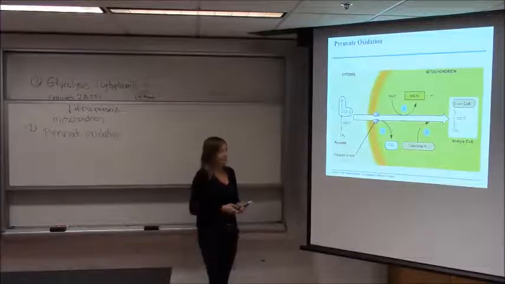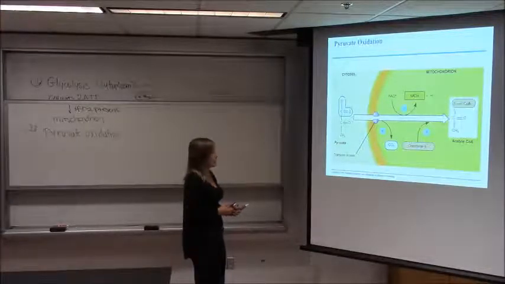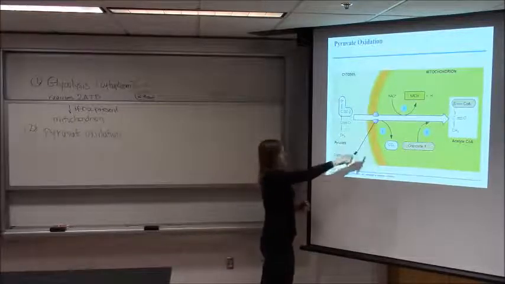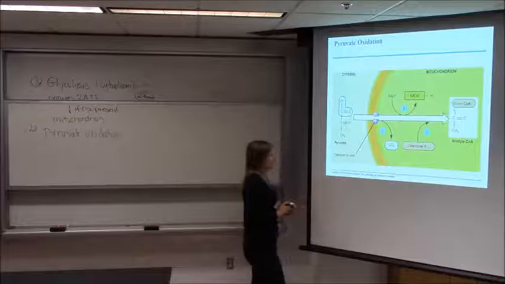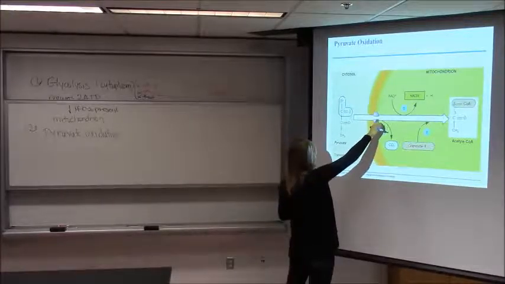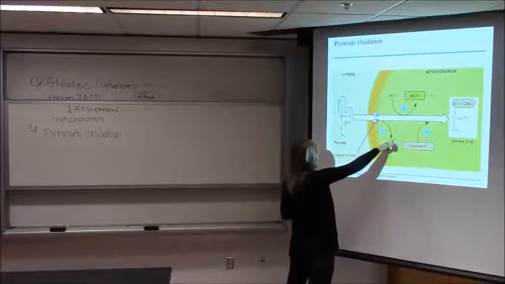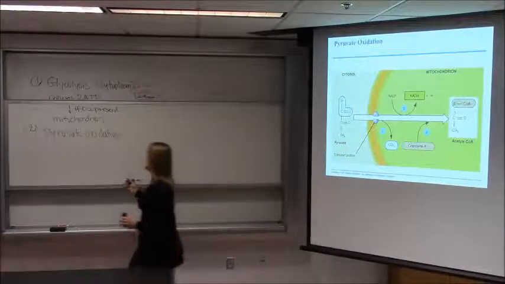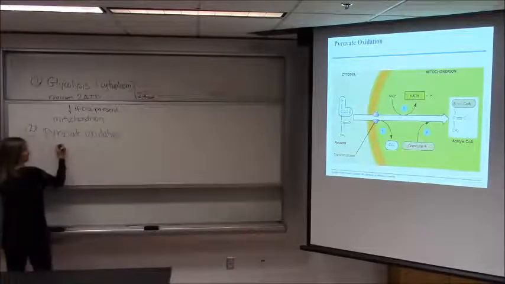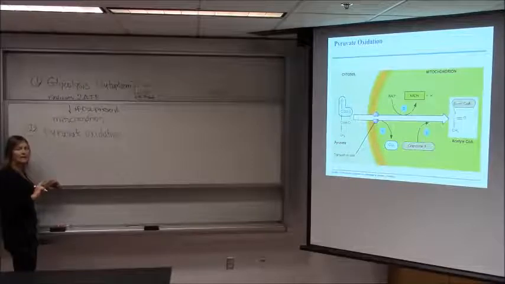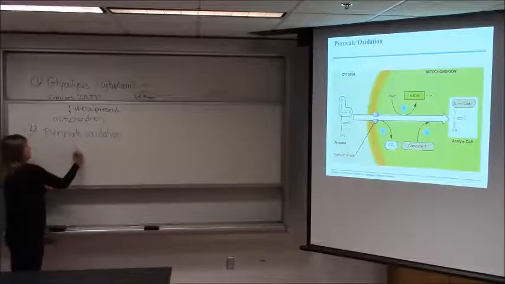So this is the details of pyruvate oxidation. We have two pyruvates that we generated, so each one is going to go through this process. So we enter the mitochondrion. It's going to go through a transport protein. For each pyruvate, we're going to generate one CO2 and produce one acetyl-CoA.